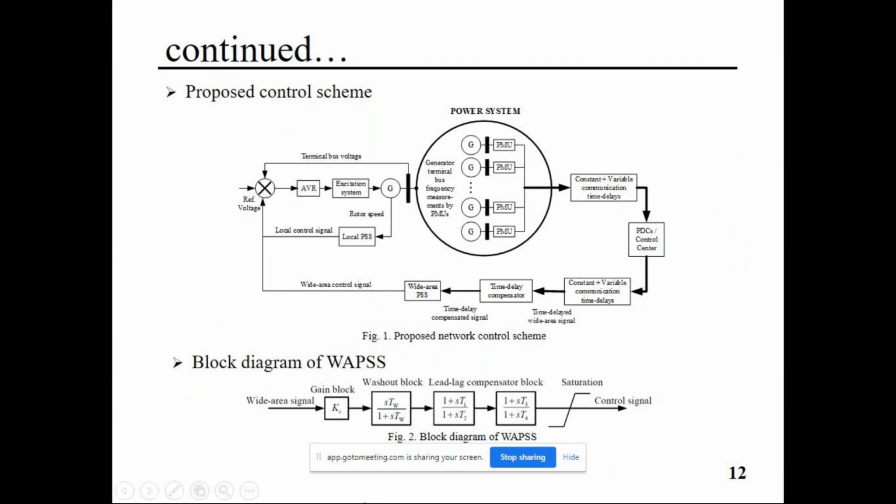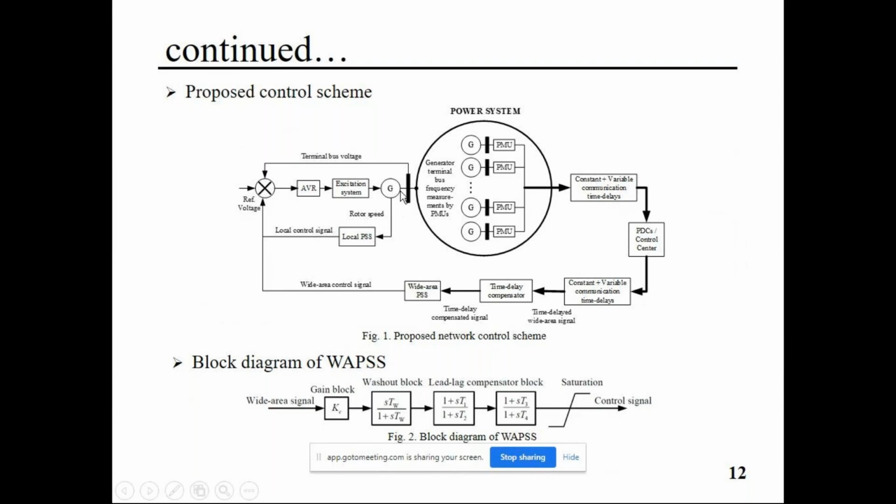So what is inside this block? Your gain block, which is just like an amplifier, and your lead-lag compensator, which is for the attenuation and the phase shift, if there is any, that has to be taken into consideration. And you have the saturation upper bound and lower bound respectively. That means you get the expected control effort, the control signal, that you augment to the local signal.